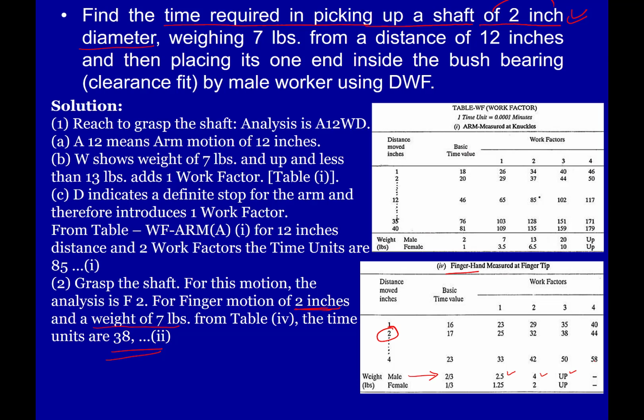For 7 pound, the time for grasping the 2 inch shaft having a weight of 7 pound, this combination of 2 inches and 7 pounds will give us 38 time units, that is this.